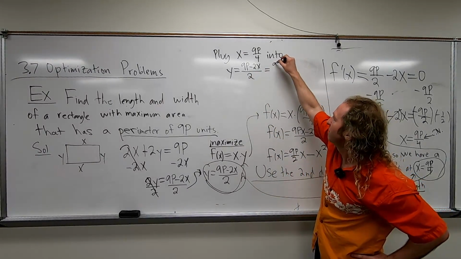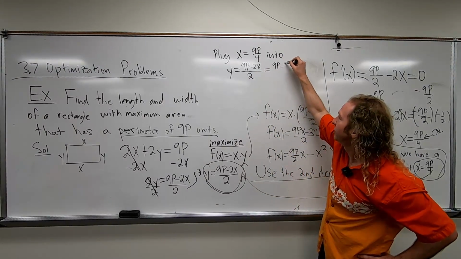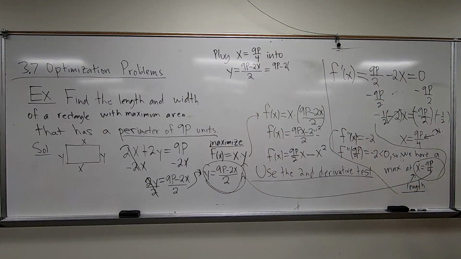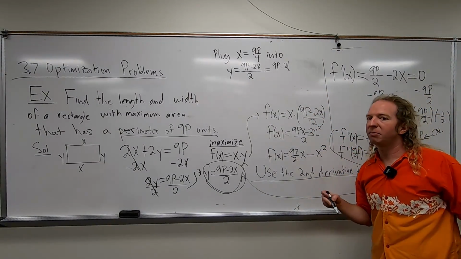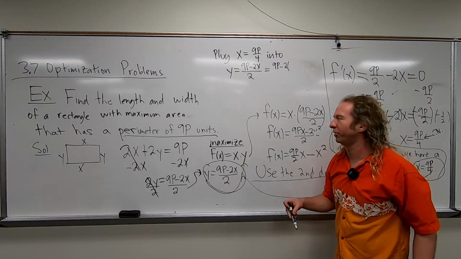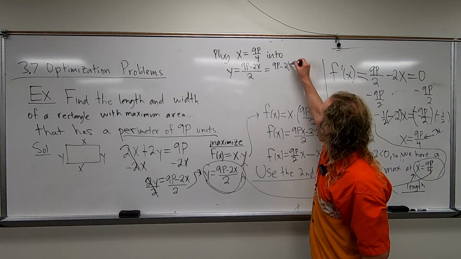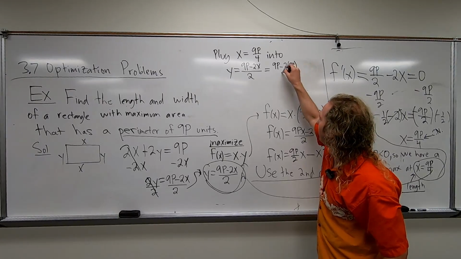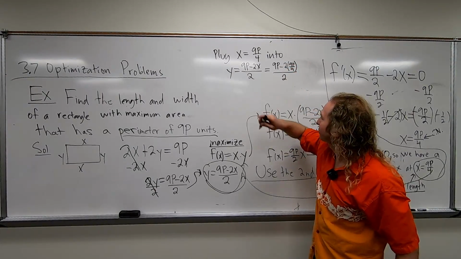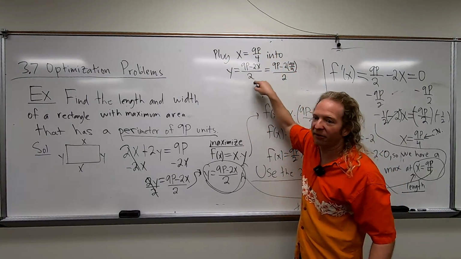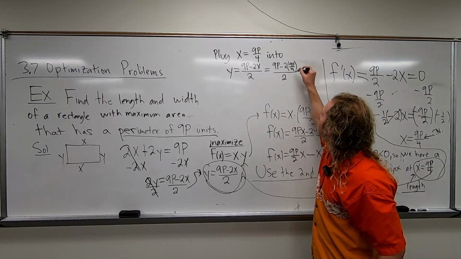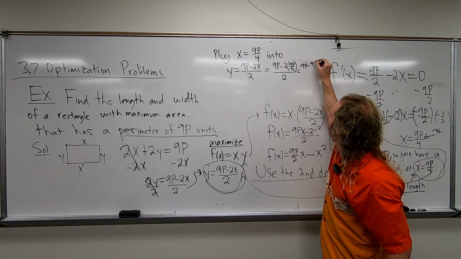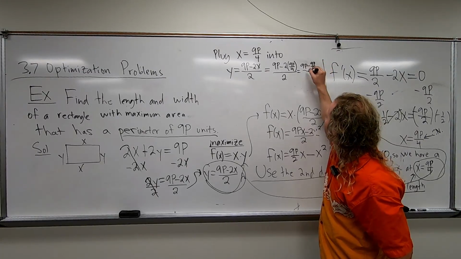So it'd be 9p minus 2, and then your x is 9p over 4. I'm showing a lot of work because the fractions are weird, and I feel like I should show extra steps. So plug that in there, and this is going to be (9p minus 9p over 2) over 2.